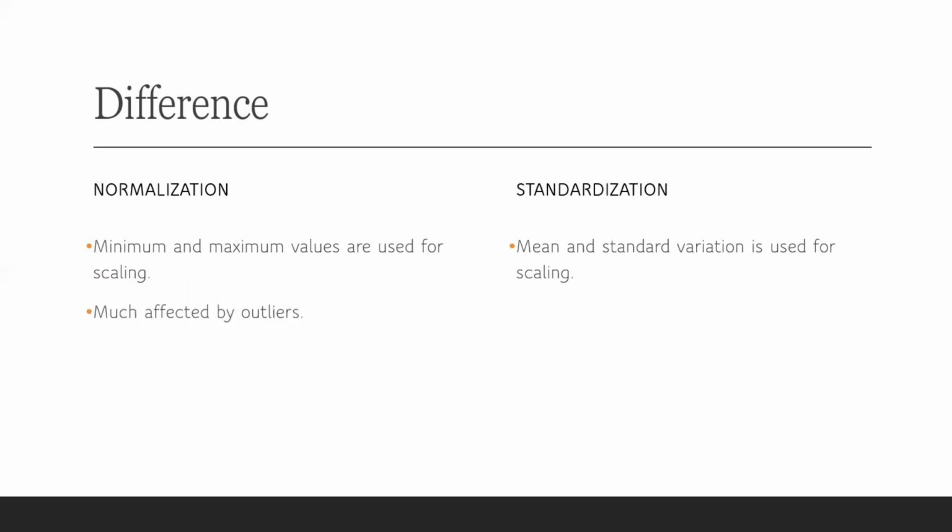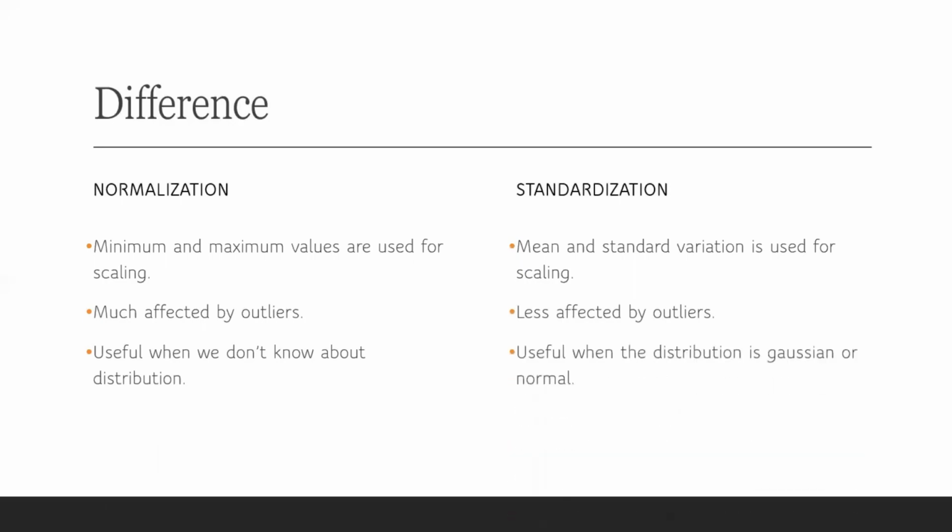Next, we can see that normalization is much affected by outliers, and standardization is less affected by the presence of outliers. Now, normalization is really useful when we don't know about the distribution. However, standardization is useful when the distribution of data points makes a Gaussian or a normal distribution.